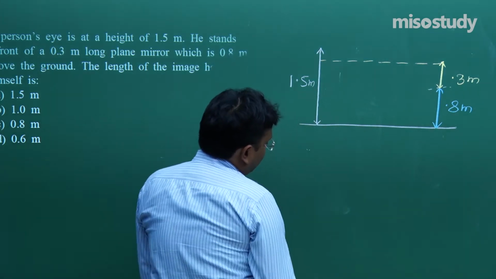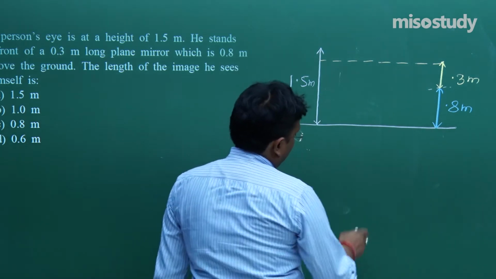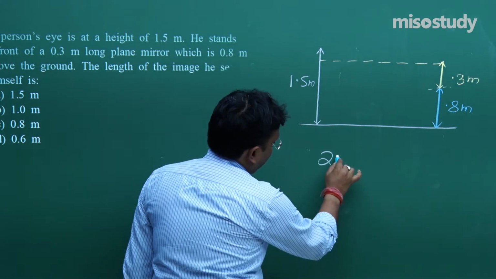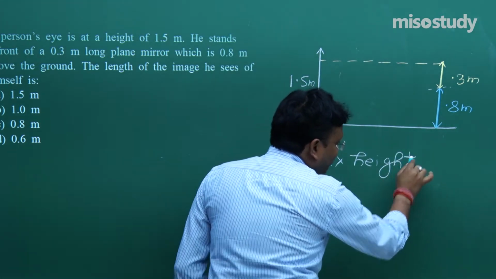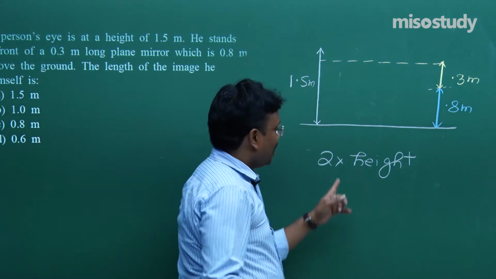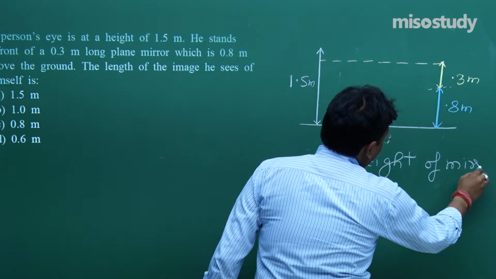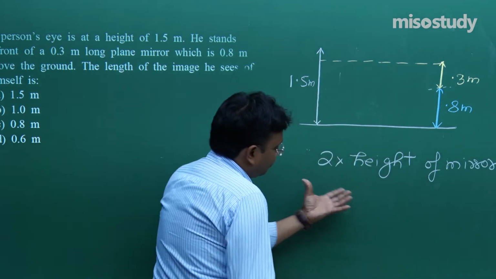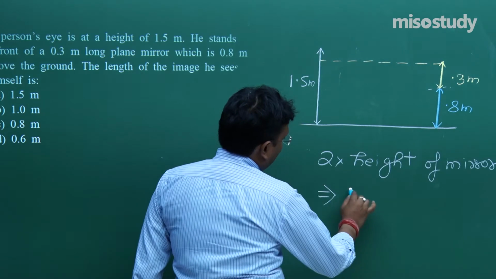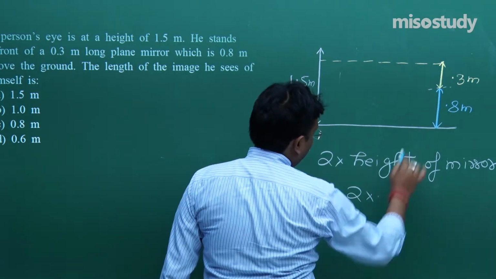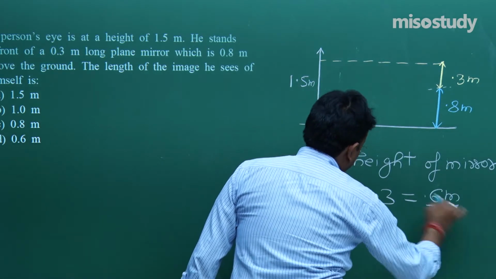Now your problem is to find the height of the image he will see. So 2 into height, class 10th basic concept, 2 into height of mirror. That is the height of the image. This implies that 2 into 0.3 is equal to 0.6 meter.